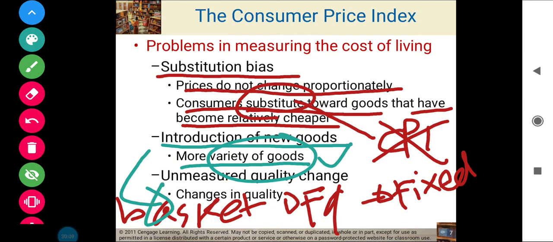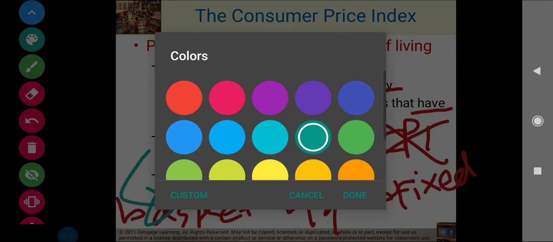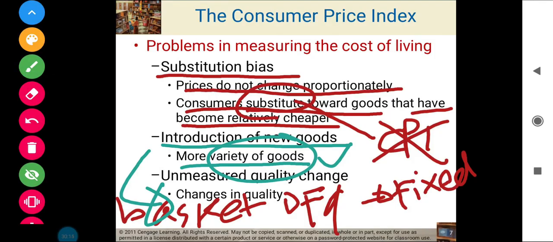And then the last problem is unmeasured quality change. If the quality of goods increases from one year to the next, for example, more sophisticated computers are distributed in the market, it will encourage many consumers to buy these computers, which means that consumer purchasing power will increase.